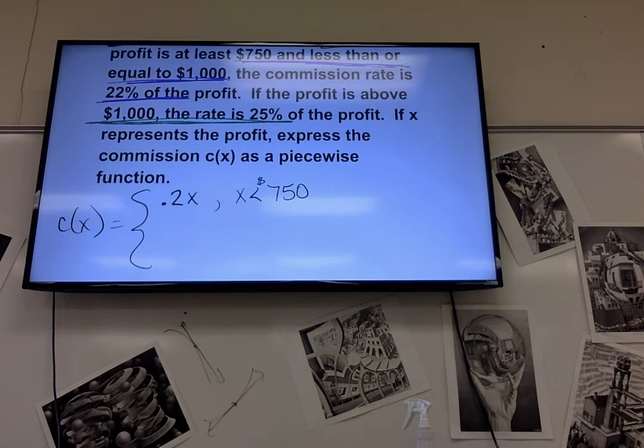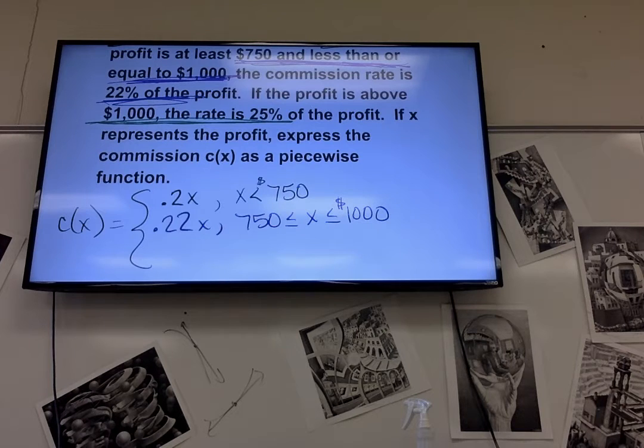For the next one, what am I going to multiply times X? This one that's underlined in purple. Yeah, so 0.22 times X. And this time, X has got to be at least 750 and less than or equal to 1,000.